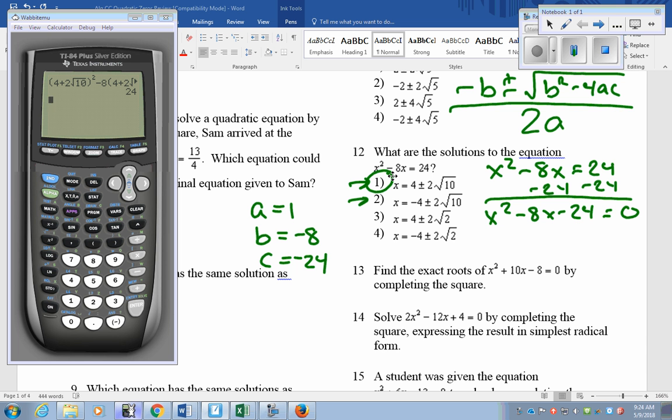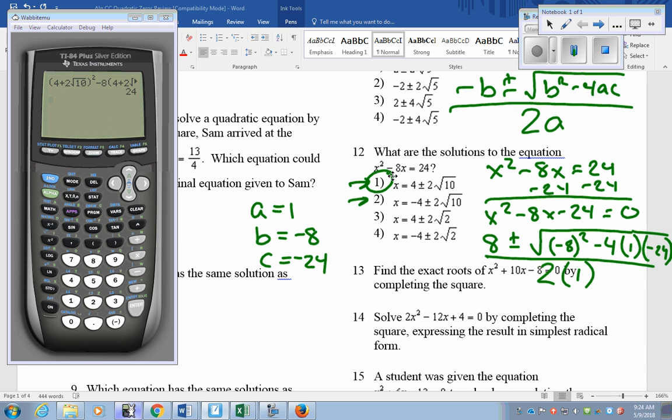Now I'm going to take those numbers and put them in the quadratic formula. I end up with positive 8 in the first spot, because I have a negative and then a negative value, plus or minus the square root of negative 8 squared minus 4 times 1 times negative 24. I'm going to run out of space here. And I'm going to divide all that by 2a, so in this case, 2 times 1.